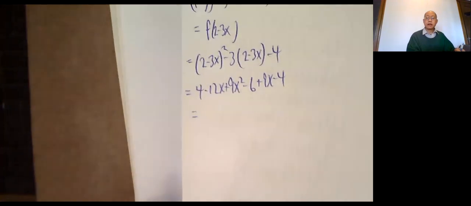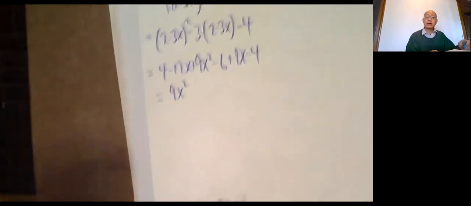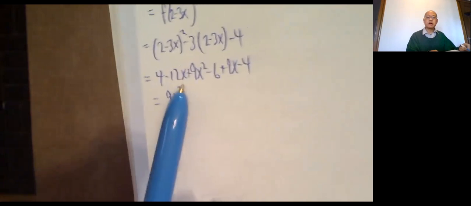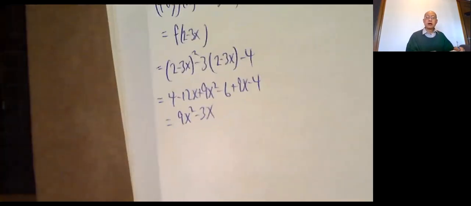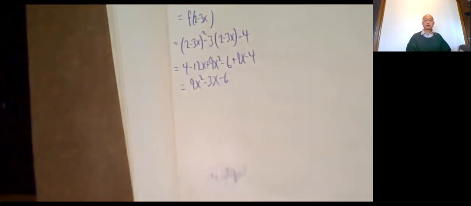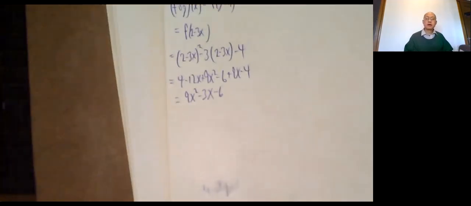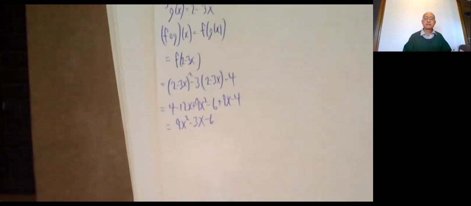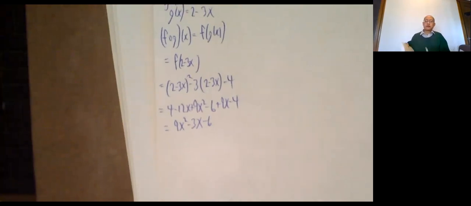Combine like terms: 9x squared, then minus 12x plus 9x is minus 3x. Then numbers: 4 minus 4 is 0, that cancels, and I just have a minus 6. So that's f circle g of x.